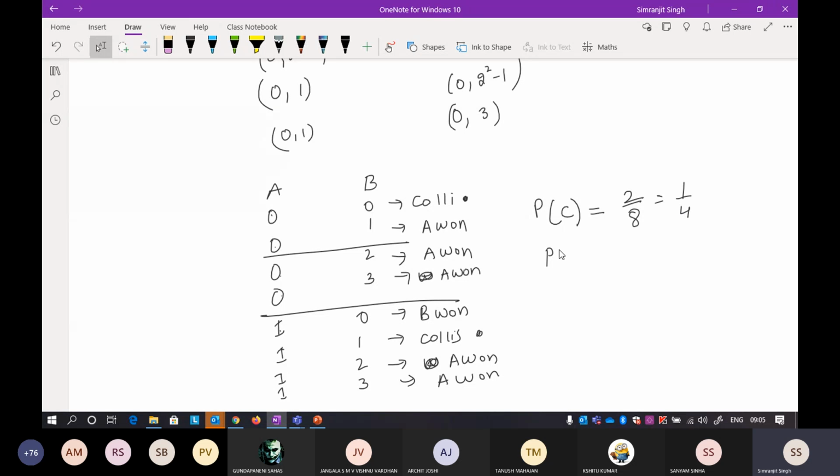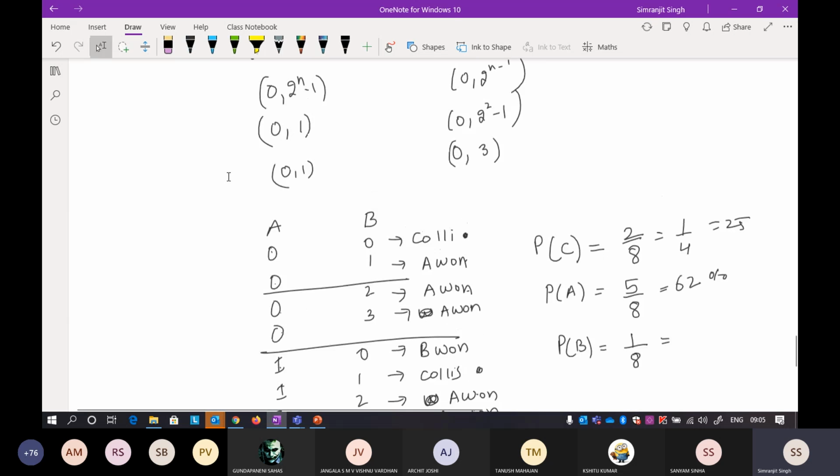Now probability that A will win: 1, 2, 3, 4, 5 times, 5 times out of 8 times. In a similar way, the probability that B has won has gone down, that is 1 by 8. So this is around 25%, and this is around 62%. B's probability has reduced even further.